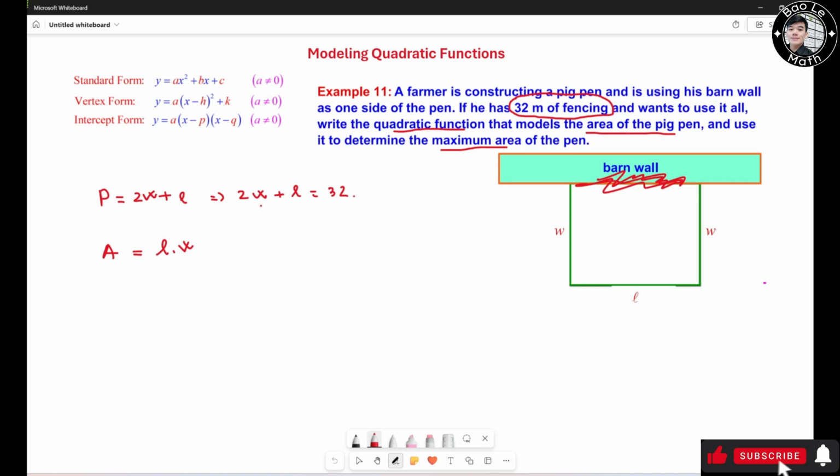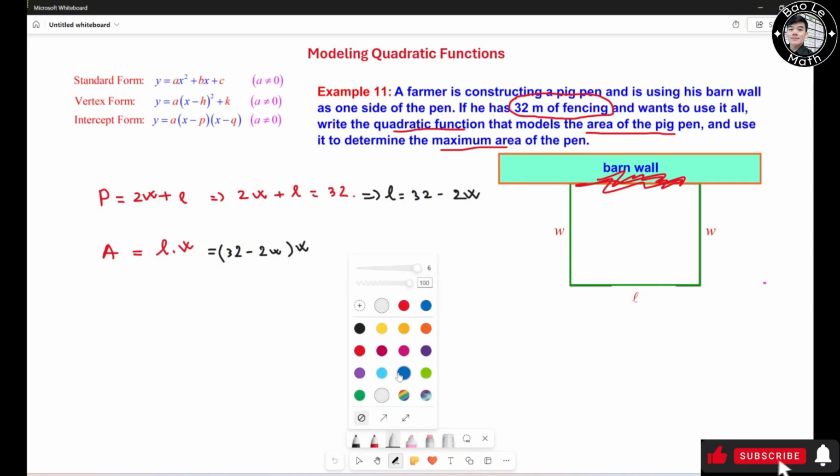Now, from the first equation right here, I can solve for L. So L equals 32 minus 2W. And then I substitute 32 minus 2W for L into the second equation. So I have 32 minus 2W altogether times W, and then I need to distribute this.